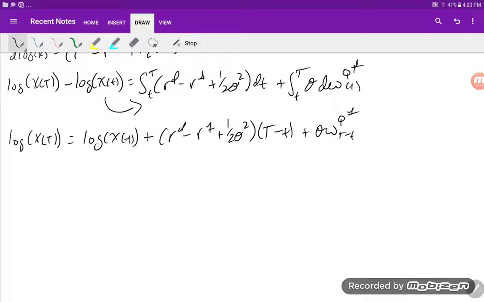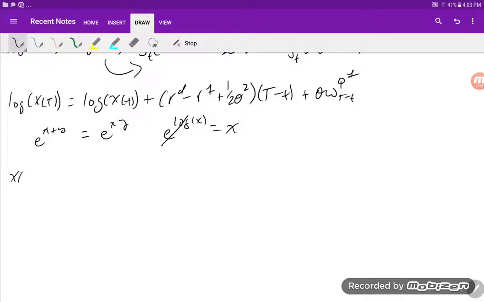Again, we'll exponentiate both sides and then use that same idea that this is equal to that, and that this is simply equal to that. That'll get us our initial condition back.